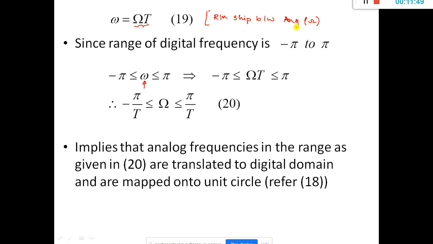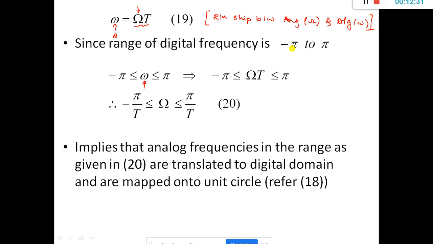The terminology, the representation of digital and analog, is quite different from the way we used it in signals and systems, because in signals and systems we represented this as analog and this as digital, but here, with respect to the textbook convention, it is quite reversed. So this is the digital frequency, and this is the analog frequency here. So the relationship between analog frequency and digital frequency omega, this point you need to understand.